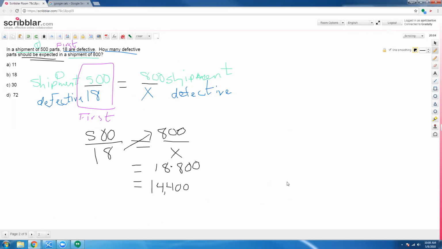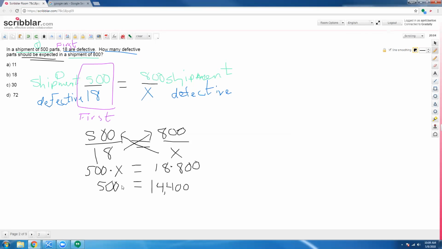So then we have to multiply one other set of things. What else do we multiply together? We did the 18 times 800. What's left to multiply together? Good. Everyone got that correct. 500 times the X. Which we can't actually multiply.